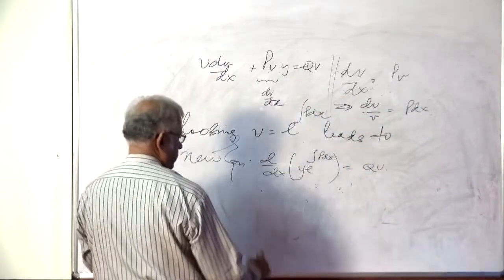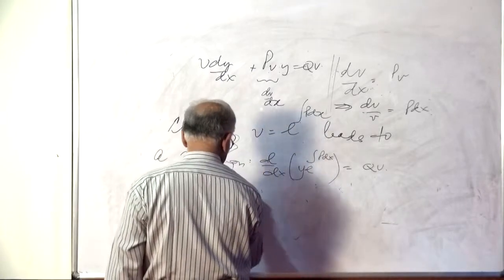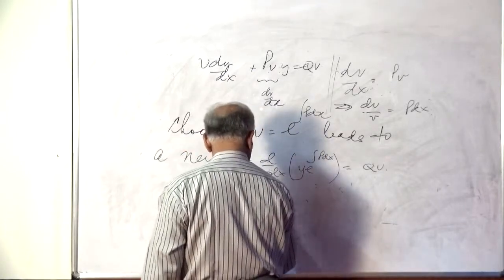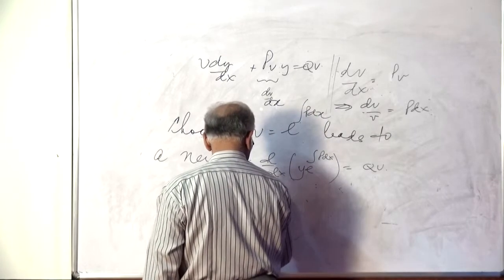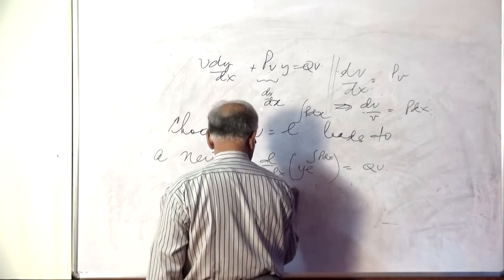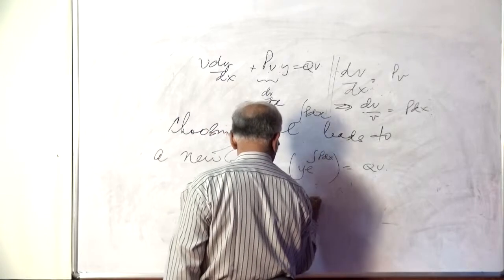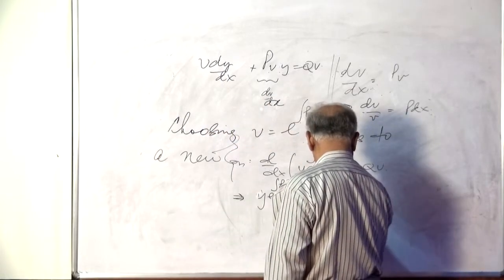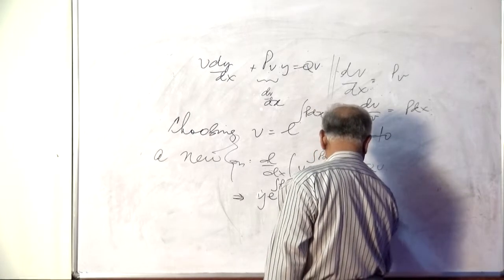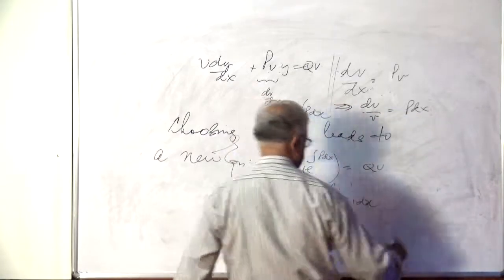In other words, this implies that y e to the power of integral P dx is nothing but integral QV dx. And of course, at the end we put a constant.